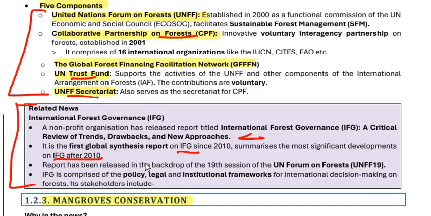The report has been released in the backdrop of the 19th session of the UN Forum on Forest. IFG, that is International Forest Governance, comprises the policy, legal and institutional framework for international decision making on forest.